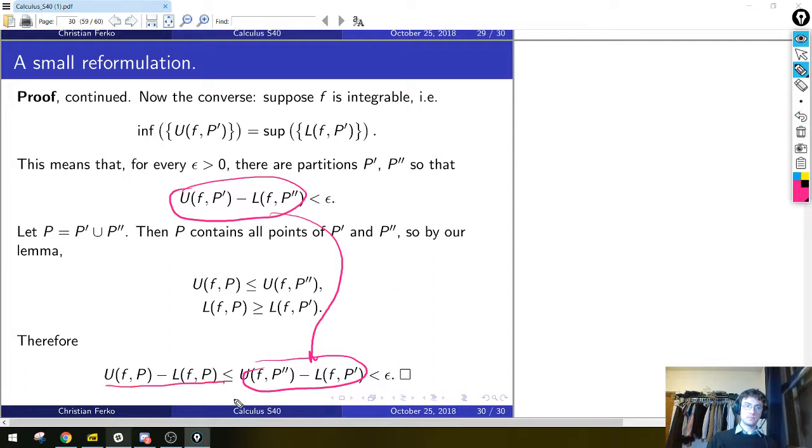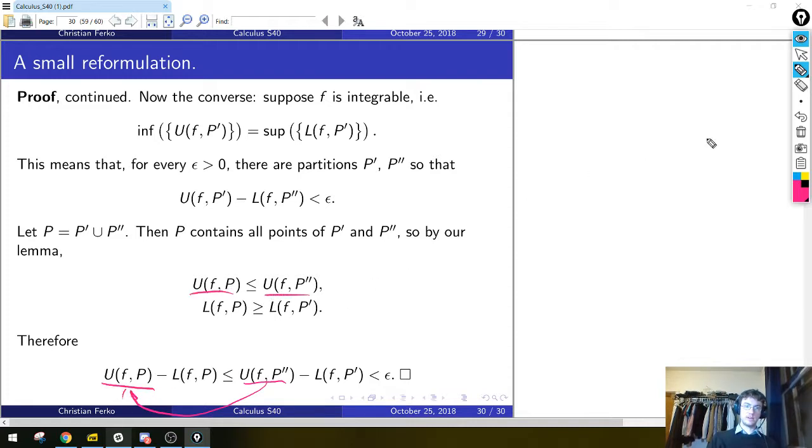But the one on the left, in P, well, the upper part is smaller than the upper part in the middle one. So, in going from the middle part of this inequality to the left, I have only replaced the first term by something smaller, right? Because we know U in P is smaller than U in P prime. So I've replaced U by something smaller.